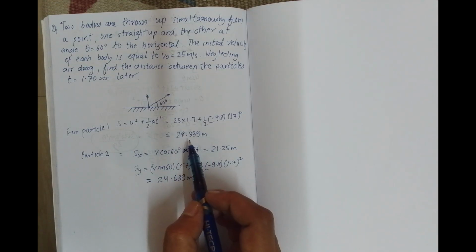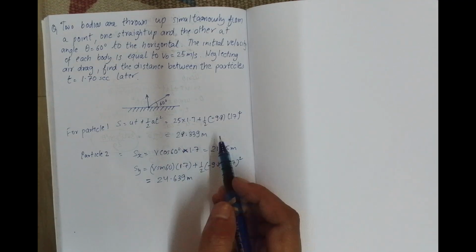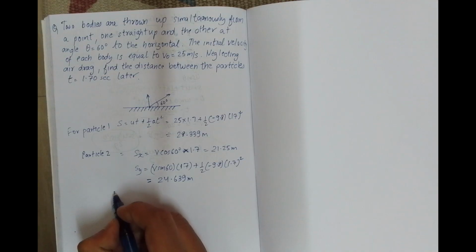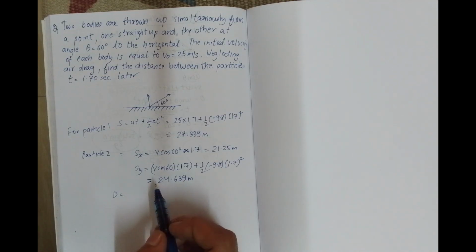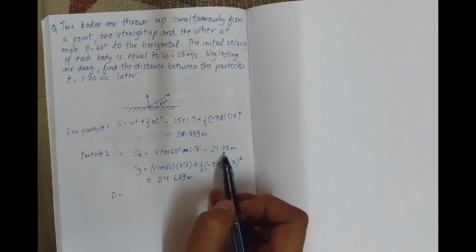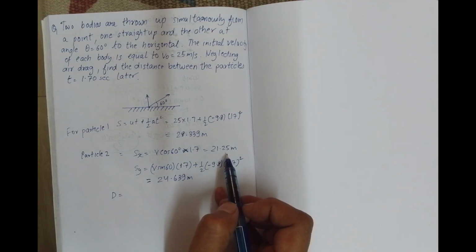Difference in x, square that, difference in y, square of that, and then under root of the whole thing. Right? So this distance that we want will be equal to difference in x. Difference in x will be this much. Why? Because particle 2 is the only particle which has a horizontal displacement.